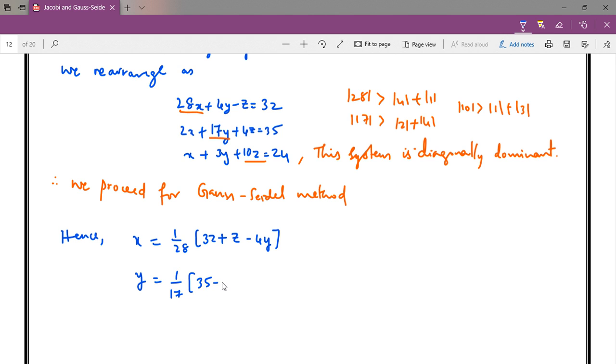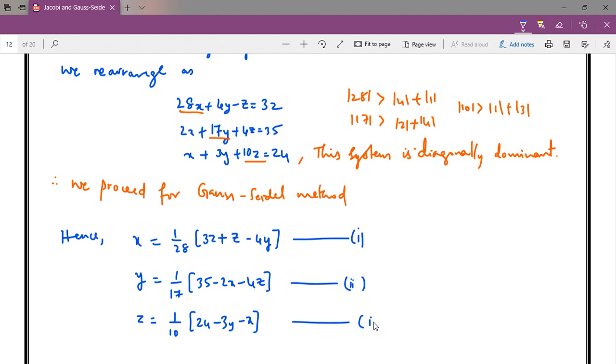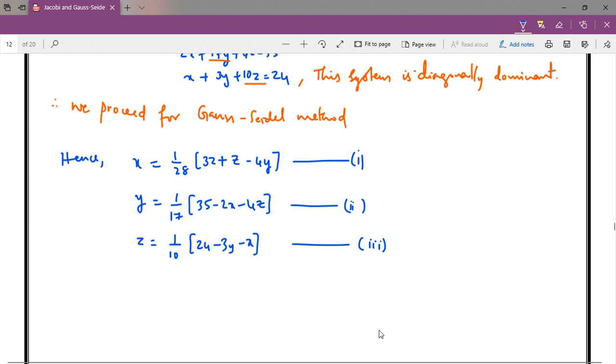So y is equal to 1 by 17 into 35 minus 2x minus 4z, and from the third equation we get the expression for z, that is z equal to 1 by 10 into 24 minus 3y minus x. Okay, so now we treat this as equation 1, this as equation 2, and this as the third equation, right?